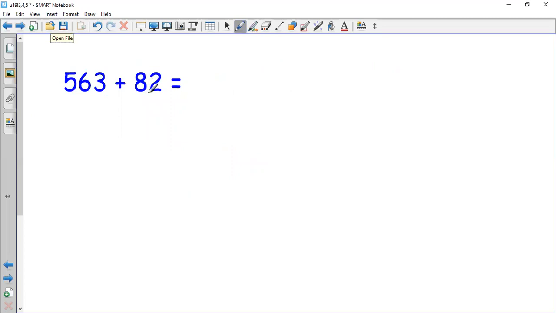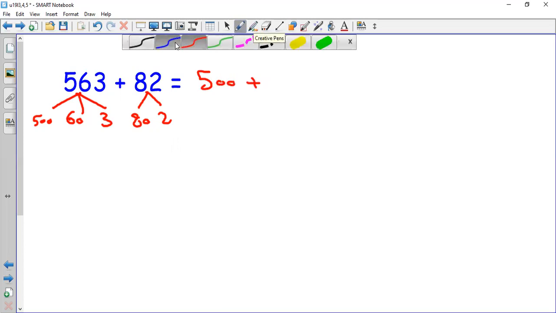563 plus 82. Let's partition 563 and 82 as 80 plus 2. Let's write the multiples next to each other. I have only 500, plus I have 60 and 80.